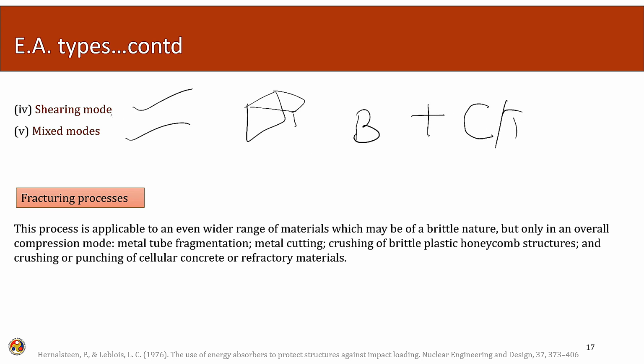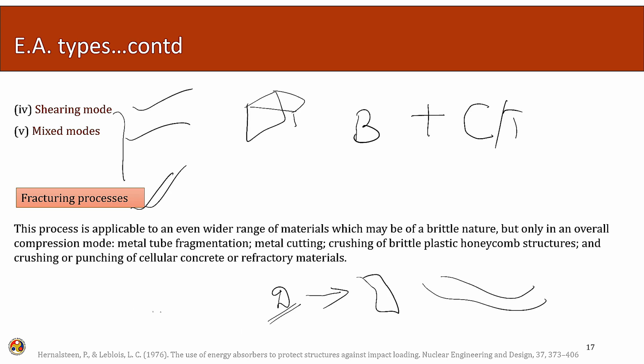Normally in the shearing mode, there is a fracture involved. This process is applicable to a wide range of materials which may be of brittle nature. In case of a ductile material, we will see a compressive crushing or a bending type of failure.